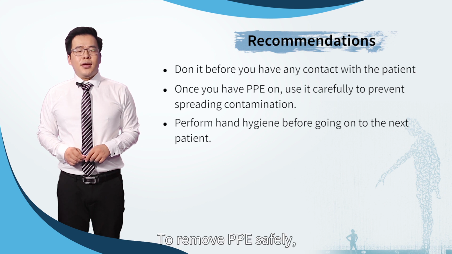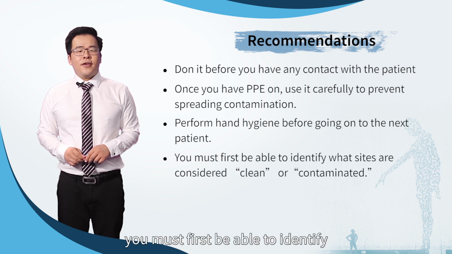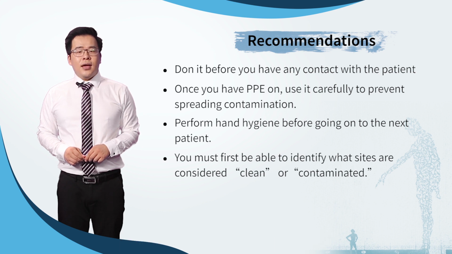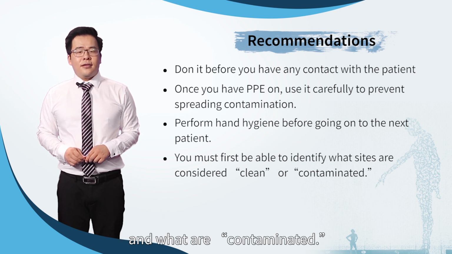To remove PPE safely, you must first be able to identify what sites are considered clean and what are contaminated. In general, the outside front and sleeves of the isolation gown and the outside front of the gloves, goggles, mask, and face shield are considered contaminated, regardless of whether there is visible dirt.